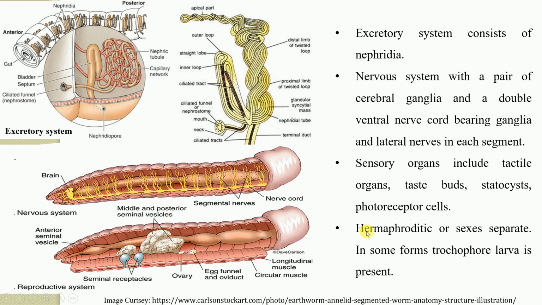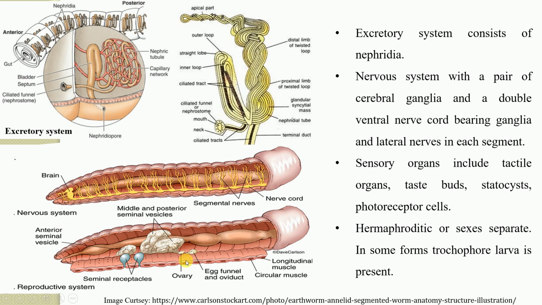Then as far as the reproductive system, many annelids are provided with a hermaphroditic condition. Hermaphroditic condition means the same individual may contain both sexual organs, male and female.